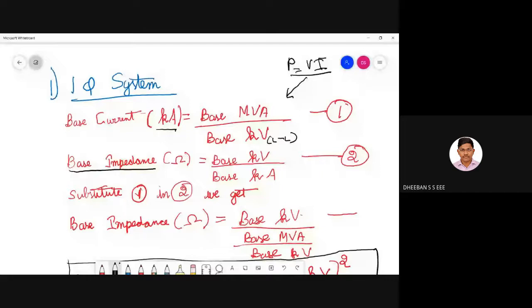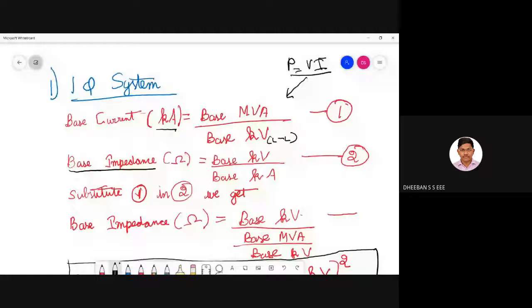How you can find the base impedance is by base kV by base kA, that is voltage by current.